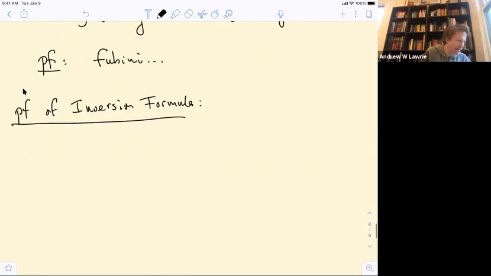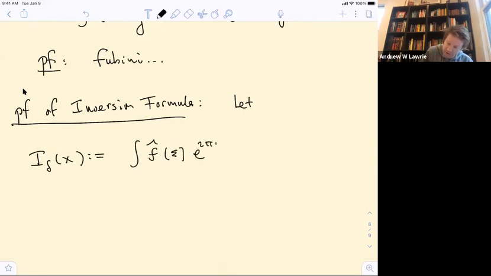So let I delta of x be equal to the integral of f hat of c times e to the 2 pi i x c. So it's the thing that we want to evaluate, but I'm going to include a Gaussian factor in here.